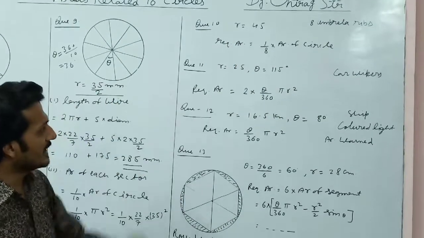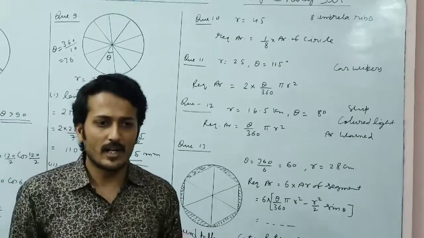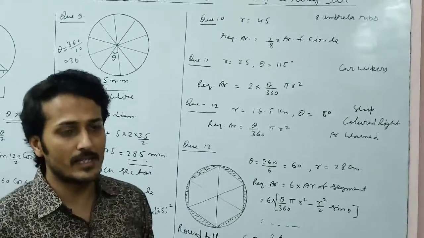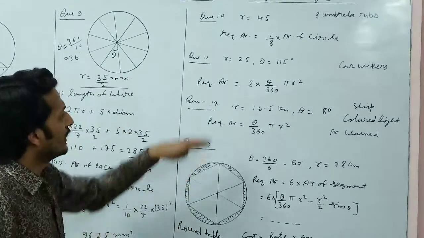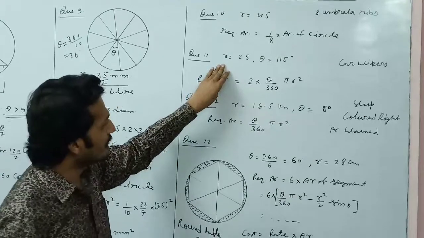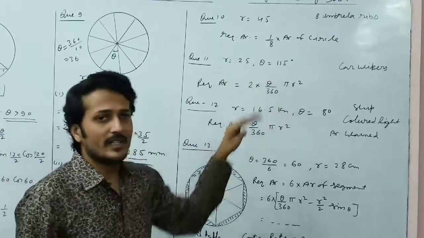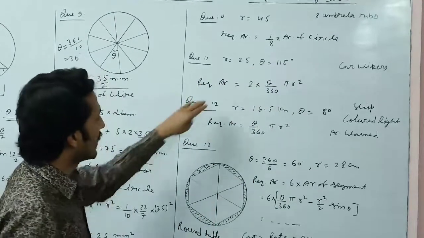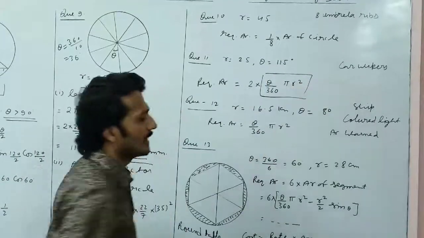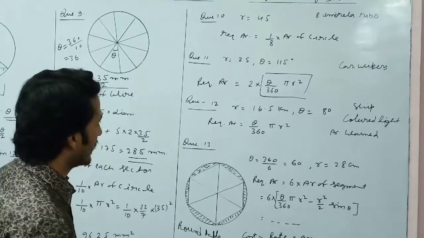In question number 11, it is given that there are 2 car wipers and we need to find out the area swept in each part. It is given that the length of the wiper is 25 and the angle is 115 degree. So required area will be 2 into area of sector, so 2 into theta upon 360 pi r square.